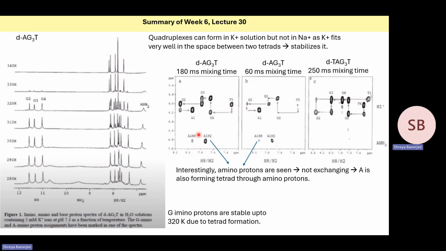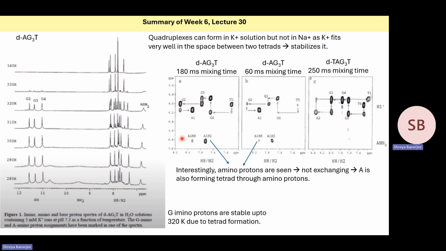Now, if the amino group is seen here, that means there is something happening that is very unique. So here we have the control case, which is the case seen in more than 95% of the time, where amino proton has no peak. You can see the amino proton range, there is no peak. So something very special must be happening in this sequence, that is AG3T, due to which you can see the amino protons. The difference between 1 and 2 is the mixing time.